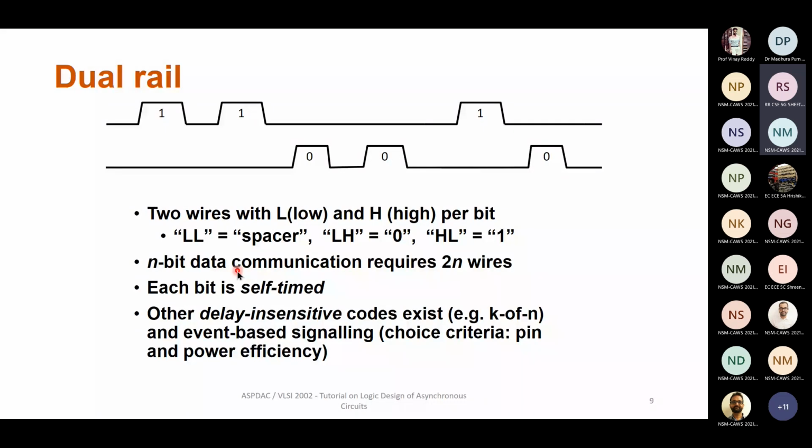So you can think of it as only a data path. There's nothing like a control path actually. The data path and the control path are mixed up with each other. Unlike the synchronous design, I think yesterday you had a talk on processor design, so we understand that the data path is independent of the control path when we design it.